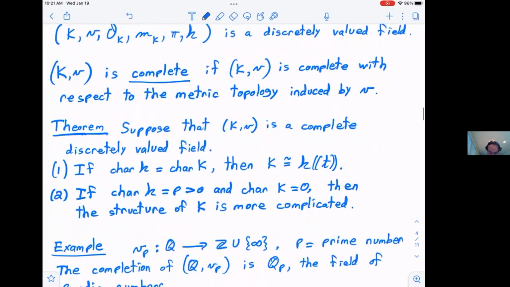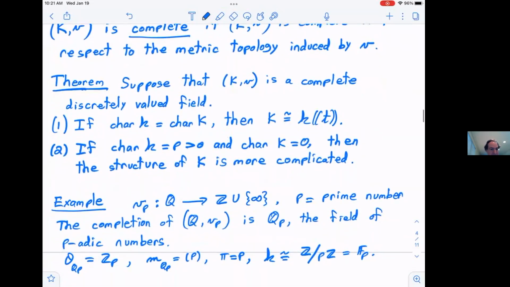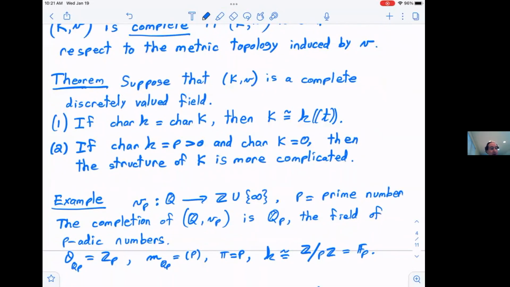All right, the example, this is the best example for today's talk, would be the p-adic numbers. For every prime number p, there's a valuation v sub p from Q to the integers, and the completion of Q with respect to this so-called p-adic valuation is Q sub p, the field of p-adic numbers. There are many ways to define Q sub p, but one of them is the completion of Q with respect to this valuation.